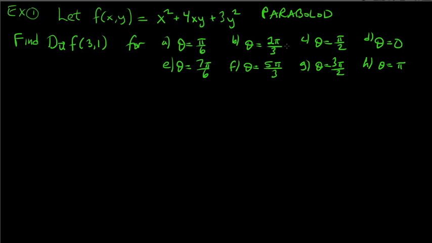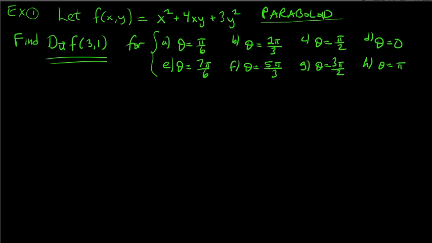So it's effectively like a rotated paraboloid. But it doesn't matter. It's just some surface. And we want to find the directional derivative of this function at the point x equals 3, y equals 1 in these various directions, right? And there's 8 of them. So it looks like we have a lot of work to do.